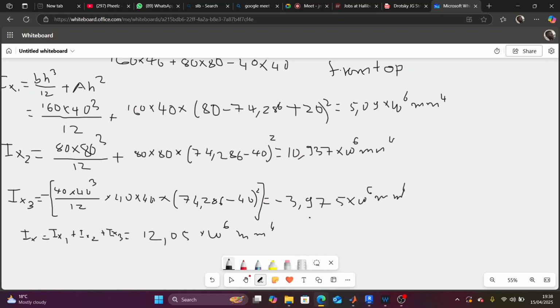What do you get? 2.094. So the answer here is negative 2.094. Can you now do this calculation and see what we get as answer? This should give 13.9.